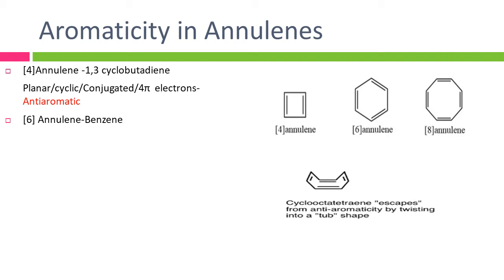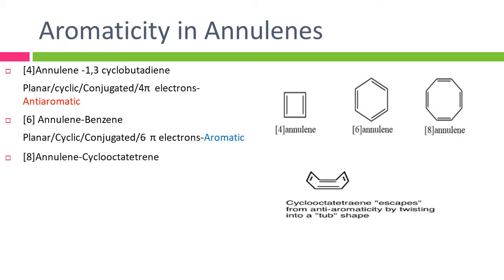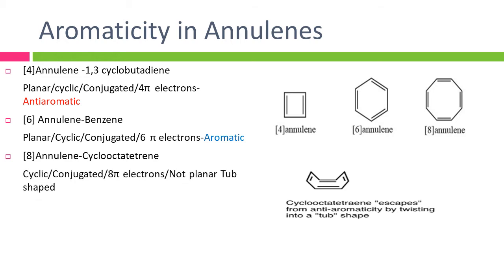If we talk about 6-annulene, otherwise it is benzene, we all know that it is planar, cyclic, conjugated and has 6 pi electrons, and it is aromatic in nature. 8-annulene, the other name is cyclooctatetraene. This has a cyclic structure, conjugated and 8 pi electrons.